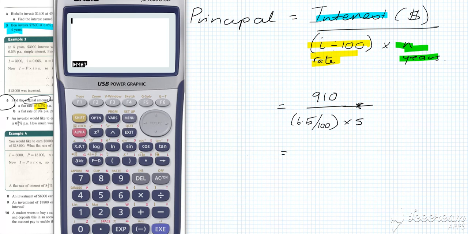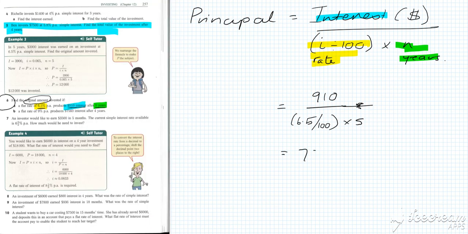I just realised that we set this up for you as a fraction. I'm going to go fraction. Now, this calculator's weird. 910 fraction, bracket, 6.5 divided by 100 times 5. So this is saying everything on the top and everything on the bottom. There we go. We needed $70,000 initially to get that much money.